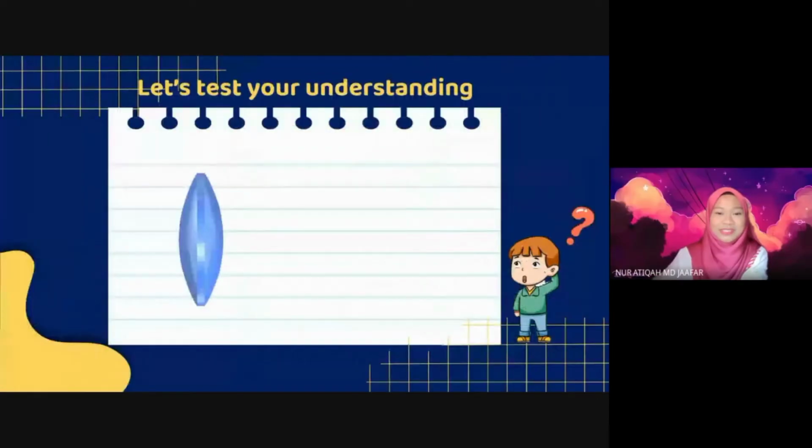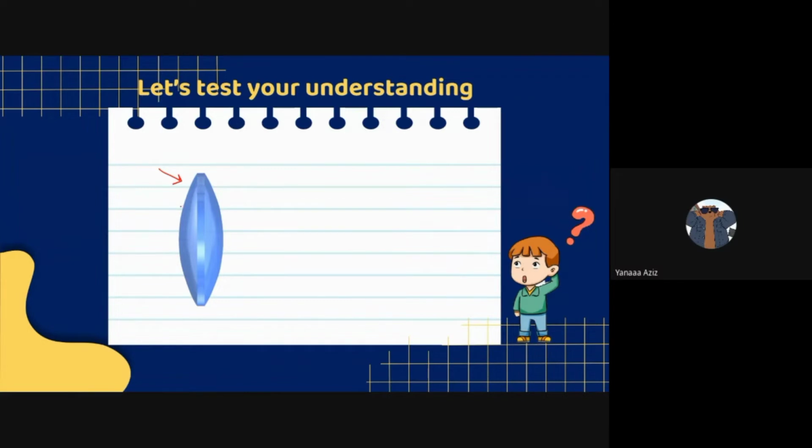Okay, good. Now let's test your understanding. Liana, can you guess what lens is this? And this lens is also known as what? And how about the ray? This is convex lens, also known as converging lens.